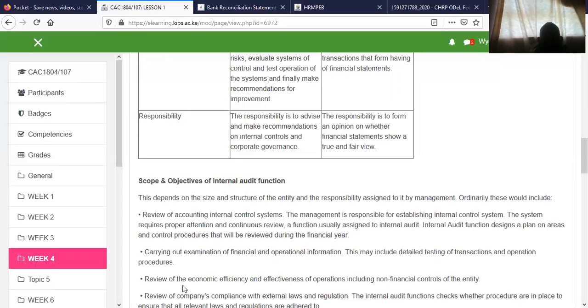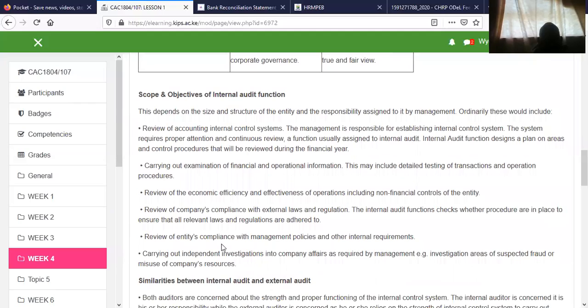Number three is to review the economic efficiency and effectiveness of operations, including non-financial controls of the entity. Also, we have the scope of reviewing the company's compliance with external laws and regulations. And next is to review the entity's compliance with the management policies and other internal requirements, and carrying out independent investigation into the company's affairs as required by the management.